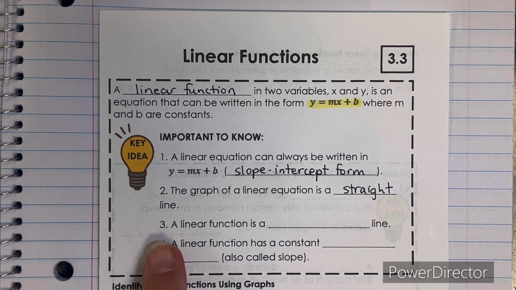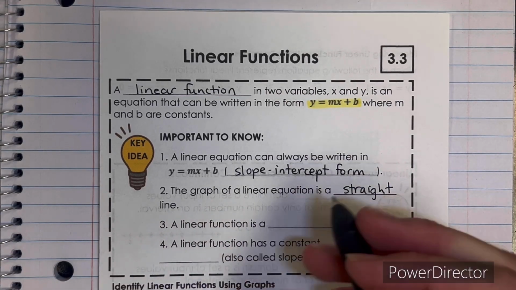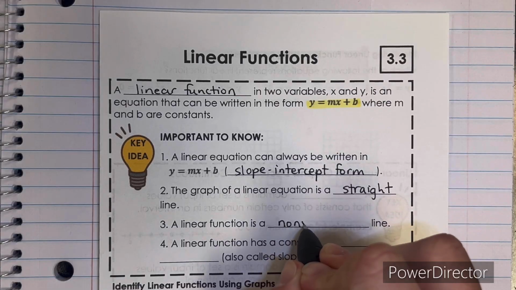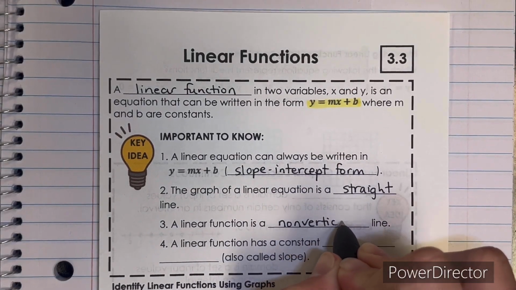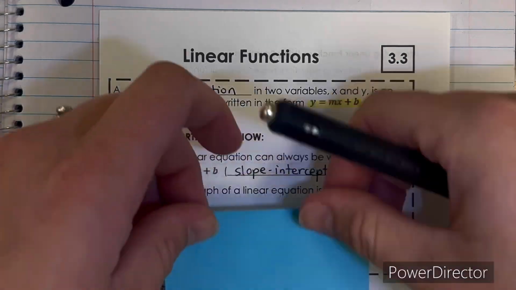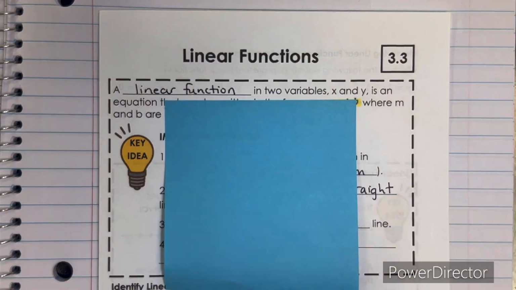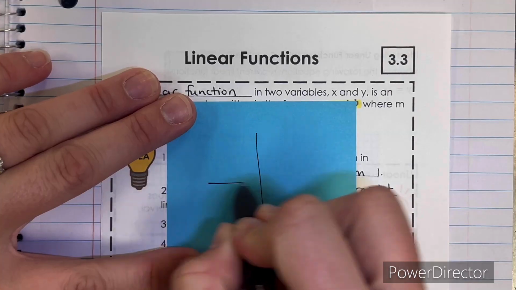Now, number 3 is a follow-up to number 2. A linear function is a non-vertical line. So it's a straight line, but it cannot be a vertical line, and I'm going to explain that, so finish writing non-vertical. Now, what we're saying is a linear function can be any straight line as long as it's not a vertical line. So here's our coordinate plane.